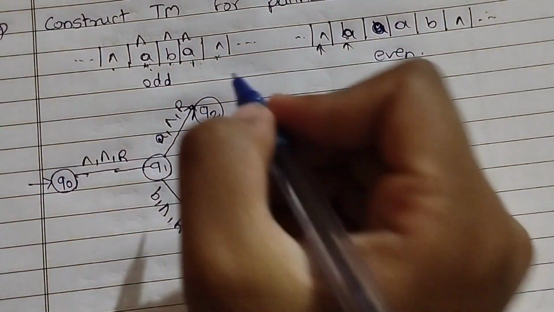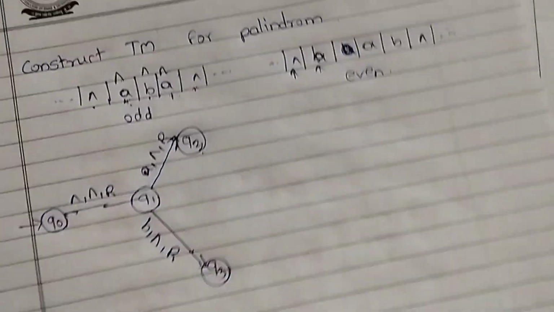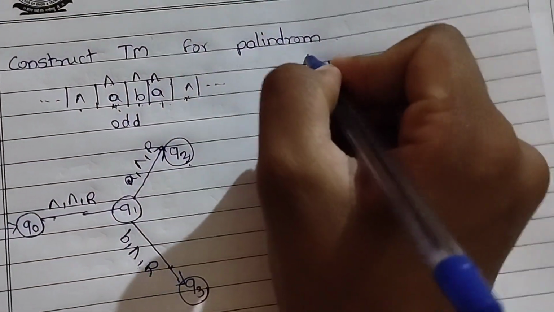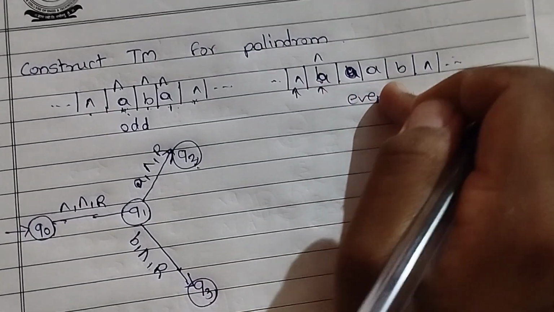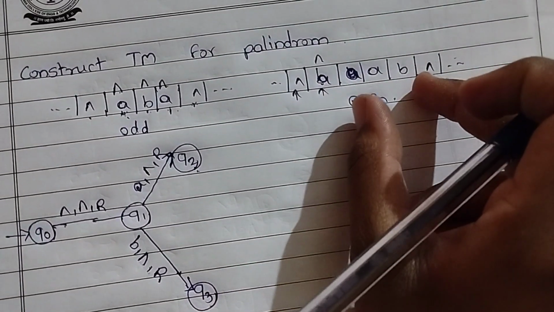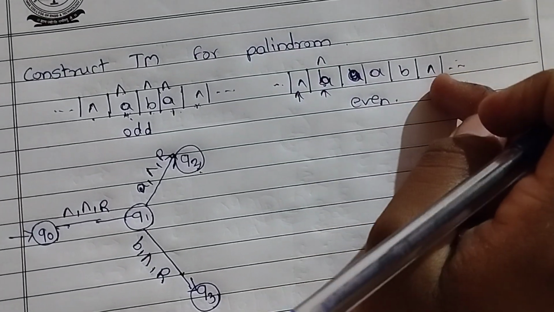Now for this state, after we convert this symbol to null, we travel through all the symbols one by one, keeping each symbol as it is, until we reach the null.